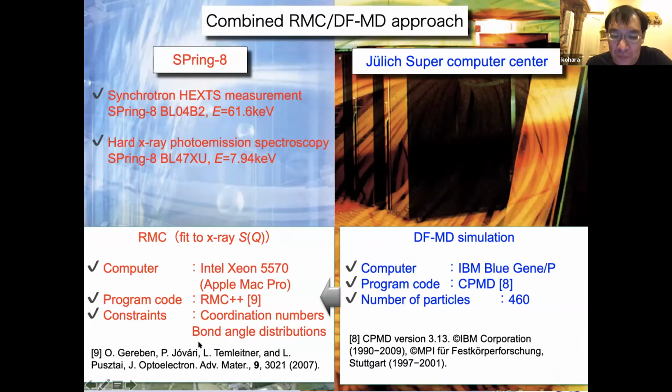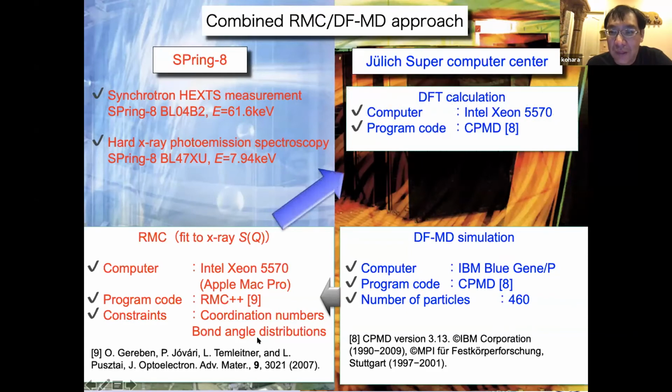But the important point is that we provided very strong constraints: the coordination numbers obtained by DFMD simulation, and we also applied the bond angle distribution. This is a very important point to avoid a very funny density of states. So after that, Bob and Yako performed DFT calculation to calculate the density of states and so on.